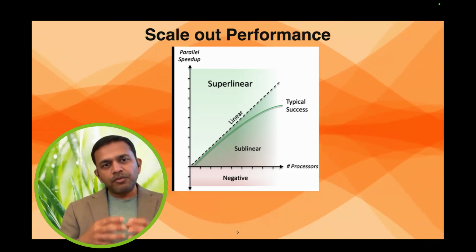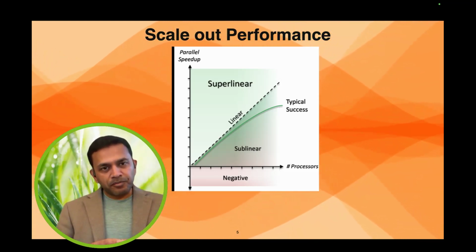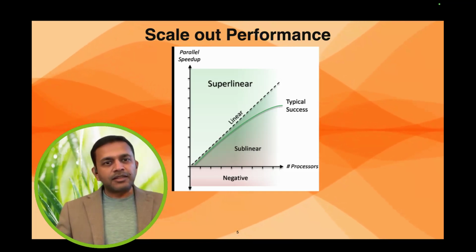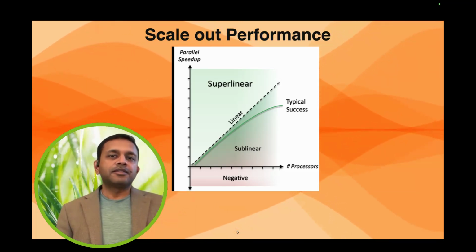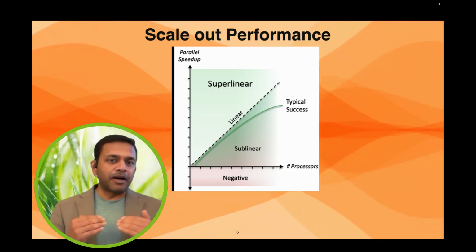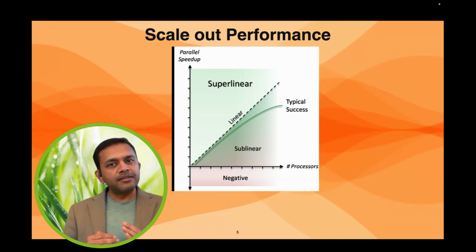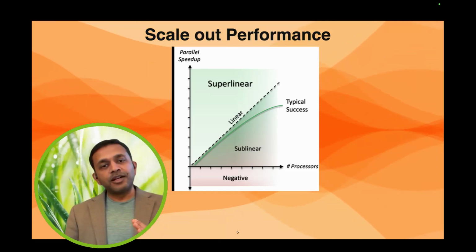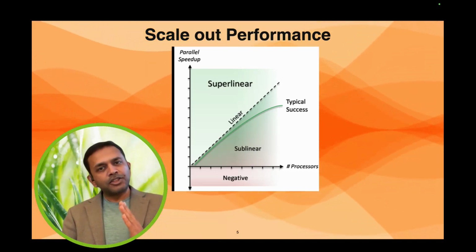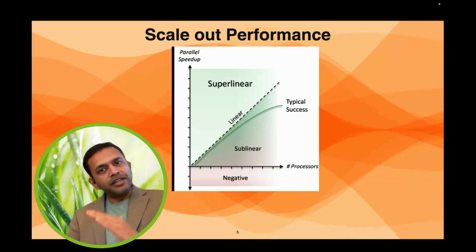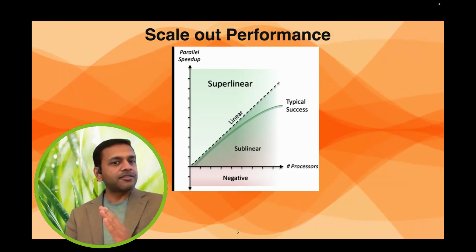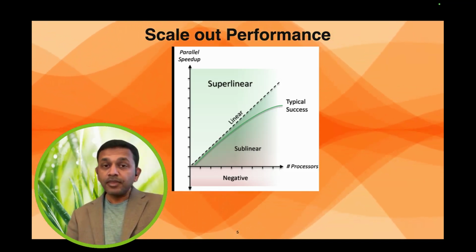However, when you divide one problem's compute into several parts, the inherent scaling overheads come in, and those factors tend to make the utilization less than linear, which is the sublinear space shown here. There are several factors behind it.